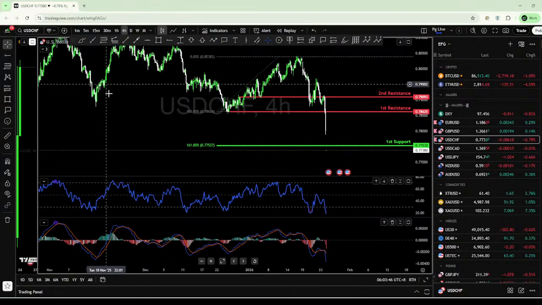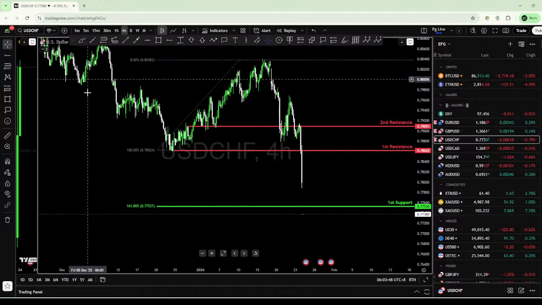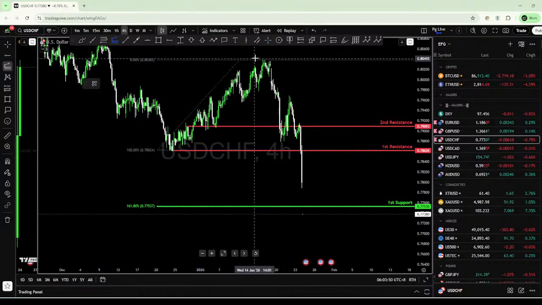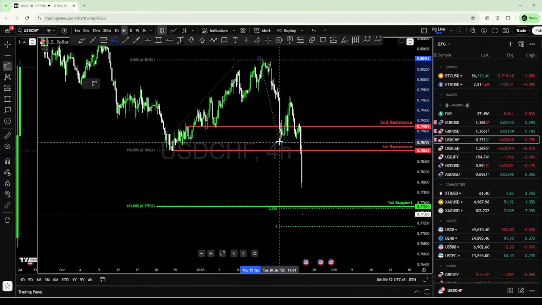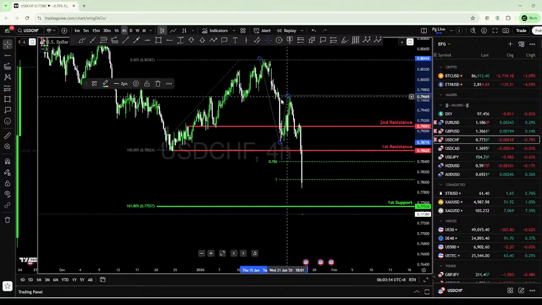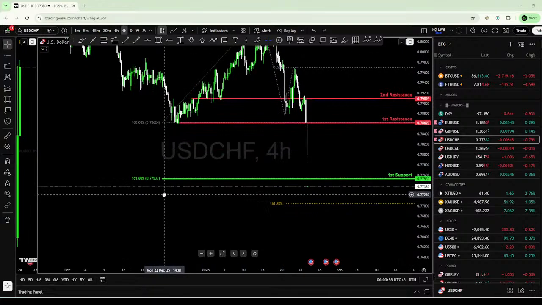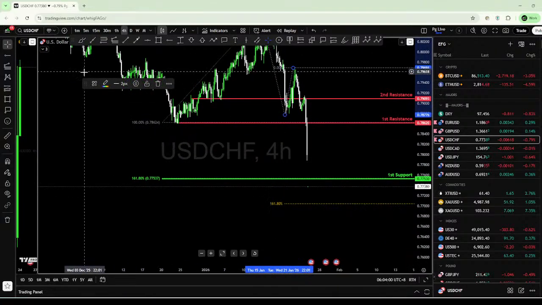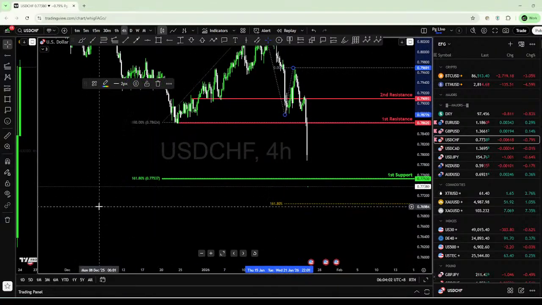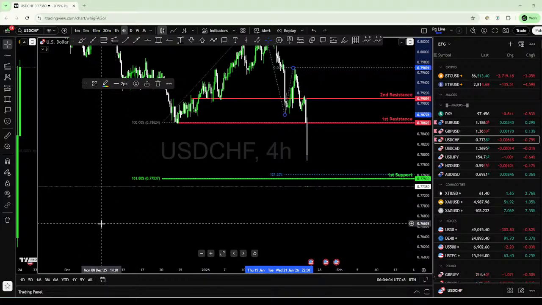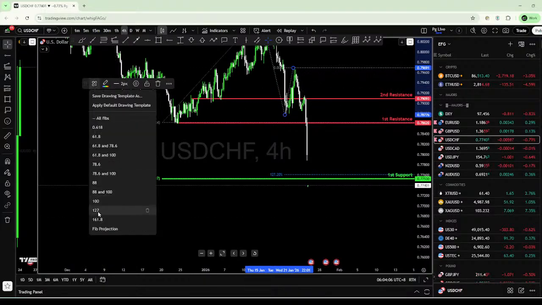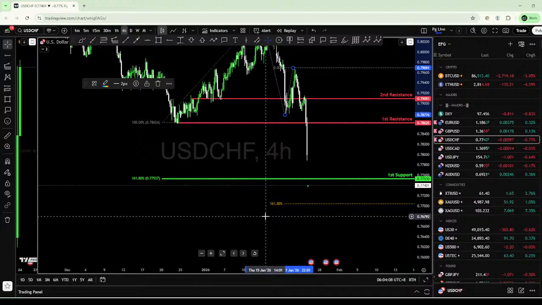I'm gonna find, I might use another projection to find projection. I can only use the extension 127. Let me see 127. No, meaning that I can use the here.